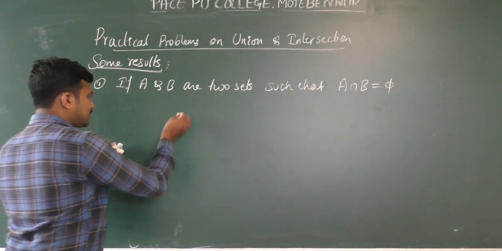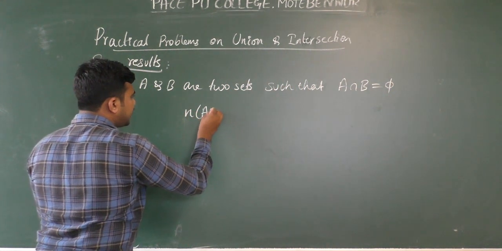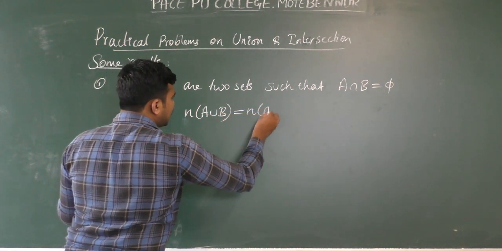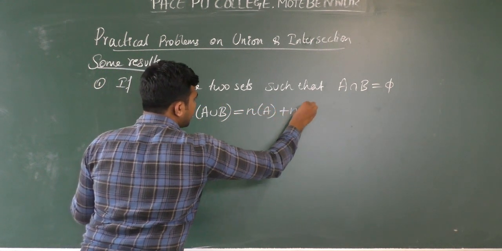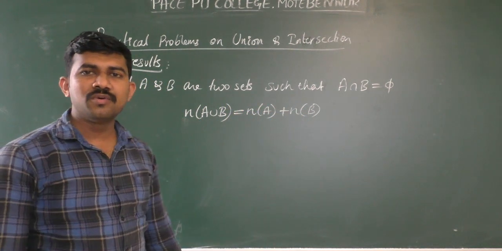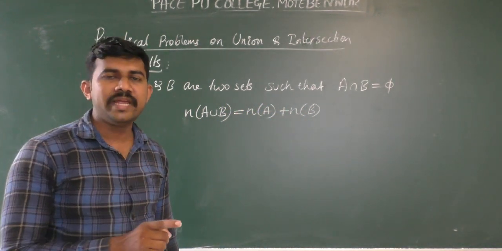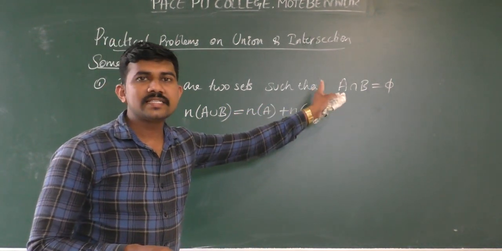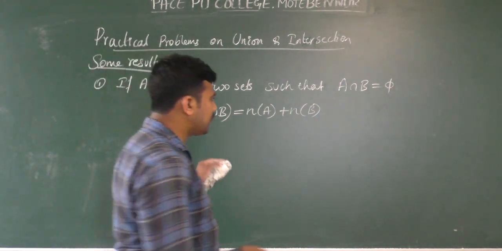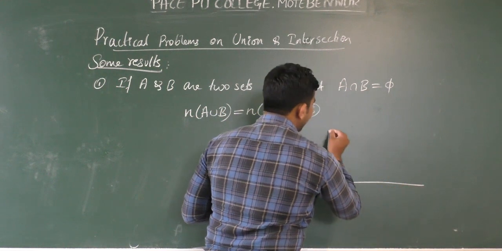In that case, the number of elements of A union B is the same as the number of elements of A plus the number of elements of B. That is, n of A union B is equal to n of A plus n of B when A intersection B is empty. This can be verified by using a Venn diagram.